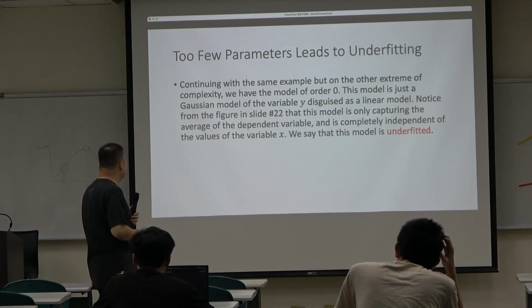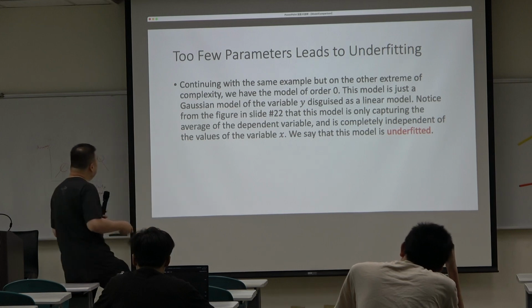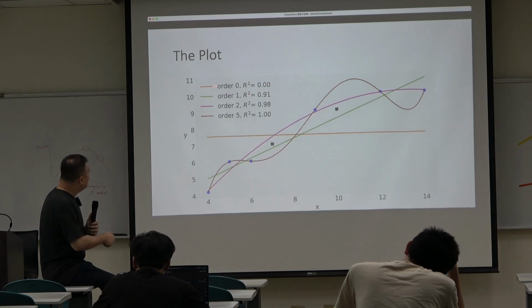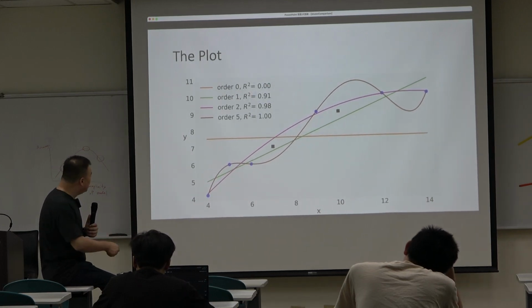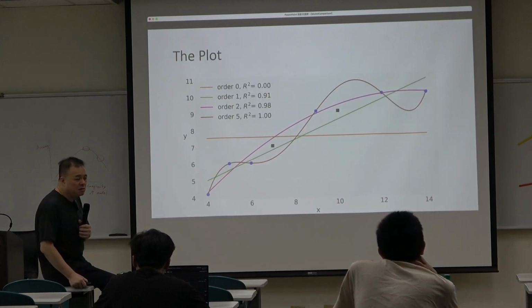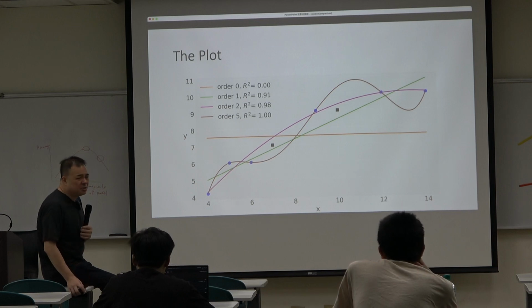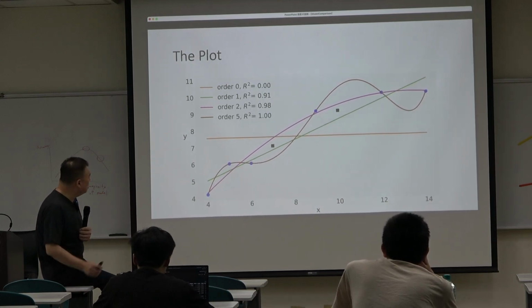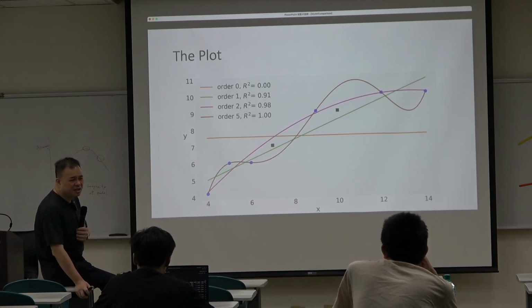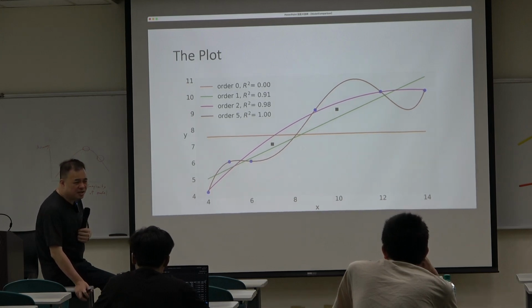For example, the model of order 0 represents the average of those data points. But it really doesn't give you much detail, only the average and nothing more. And the R² value is 0, so it's really not that useful.